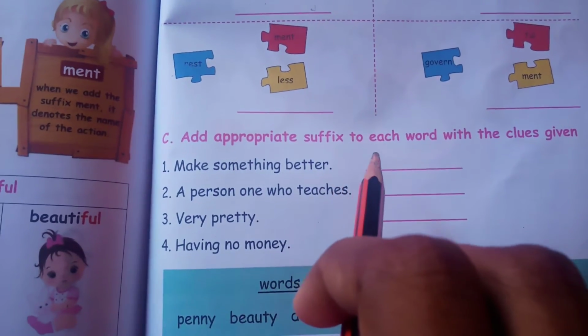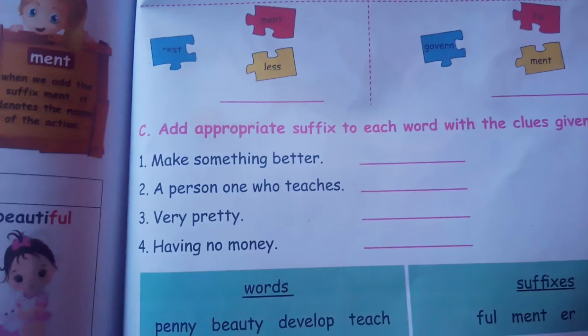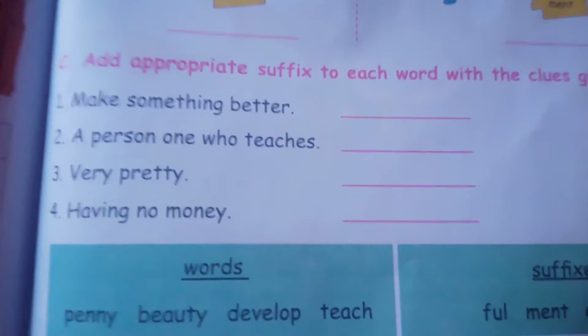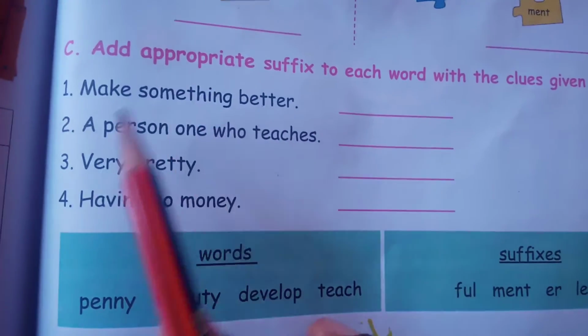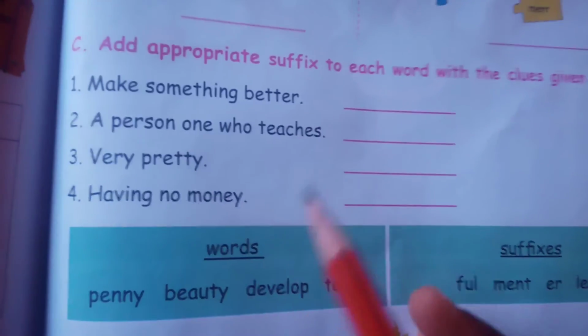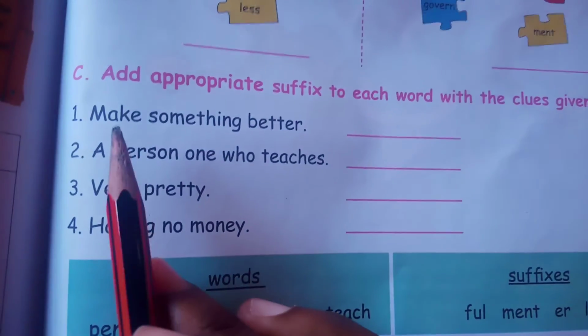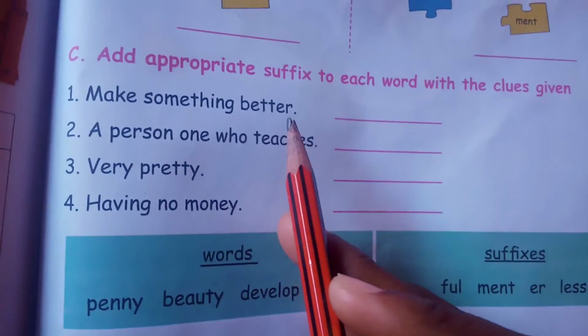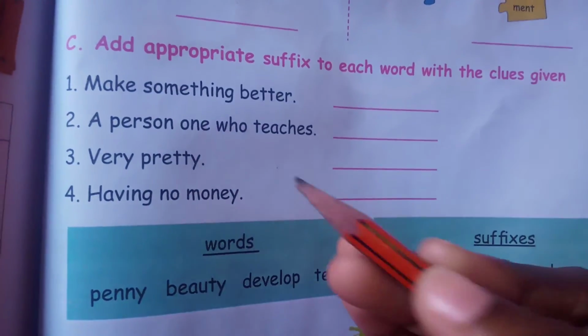Add an appropriate suffix to each word with the clues given. Students, they have given some clues, and with these clues you have to make a word. They have given the words and the suffixes. First, make something better. When you make something better, it means you are developing something.